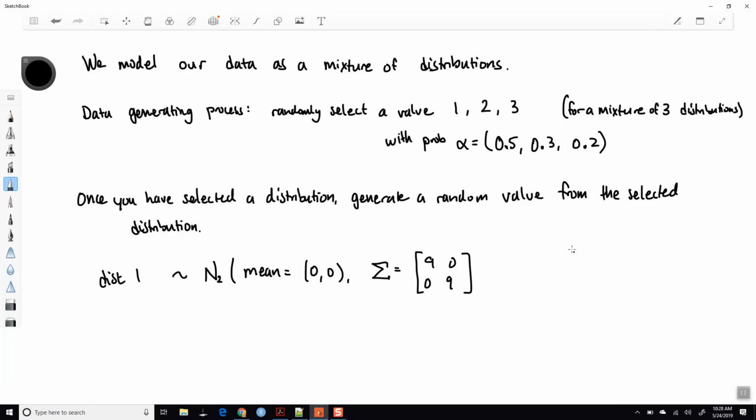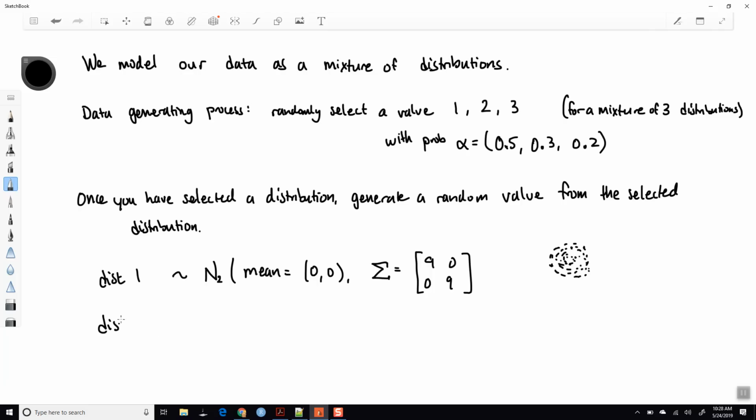And what this looks like is basically a cloud of points in a circle, right? So that could be distribution 1.